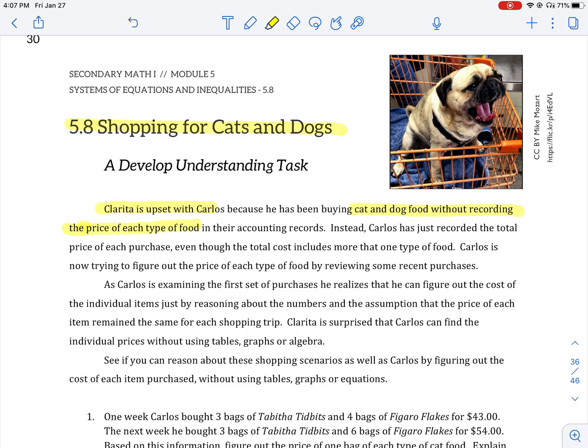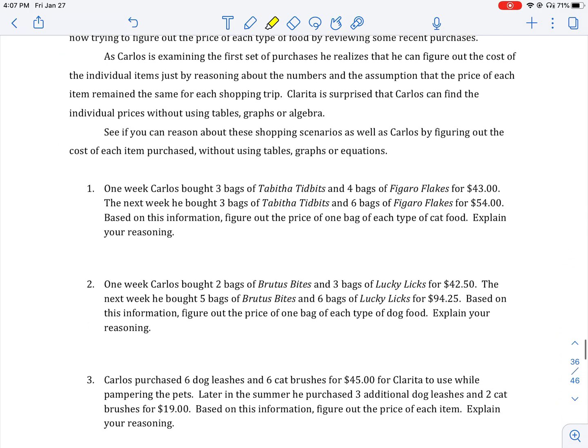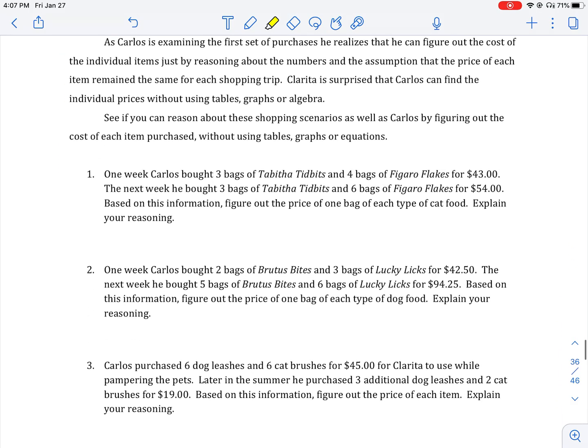So instead, Carlos has only recorded the total price of each purchase, which includes more than one type of food, but of course, it does not include each individual price. You can either use tables or graphs or equations to solve the following, but the idea on how to do this is pretty simple.